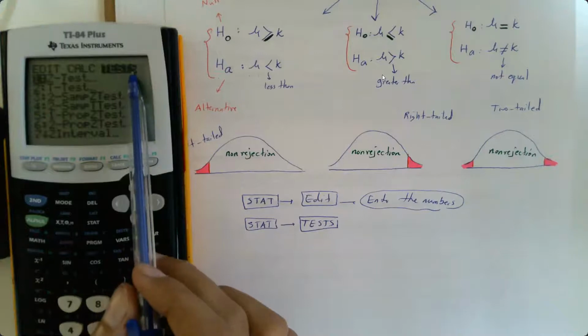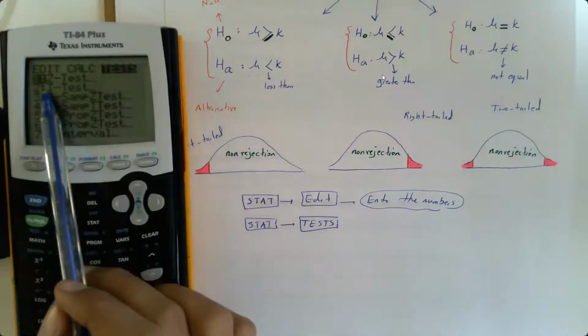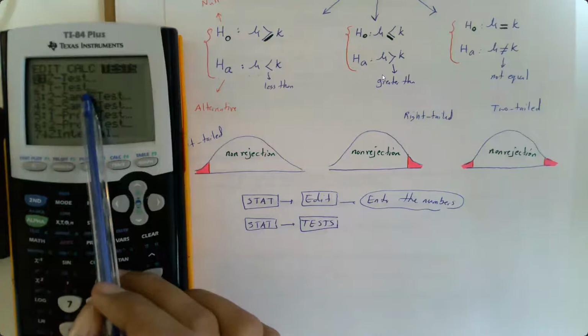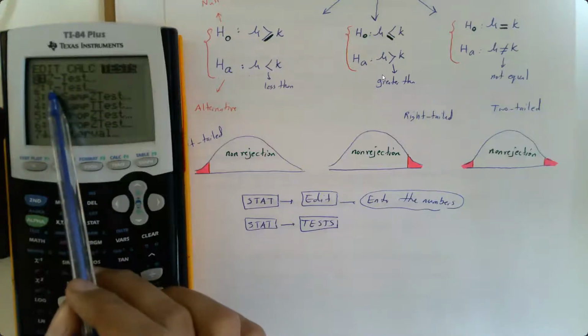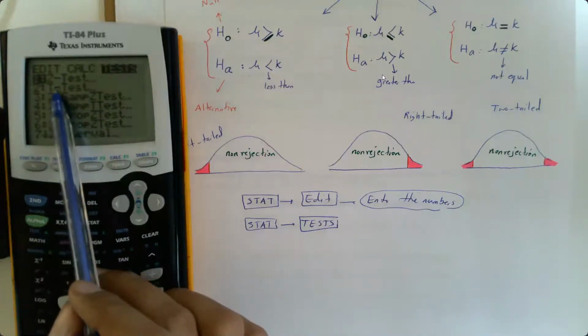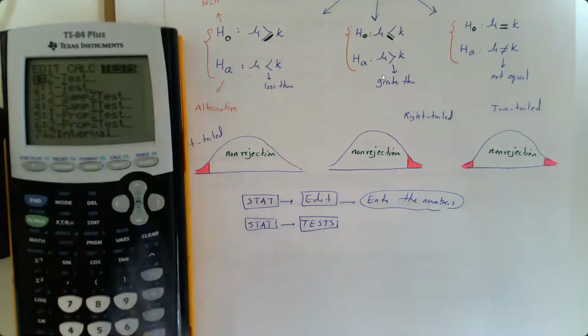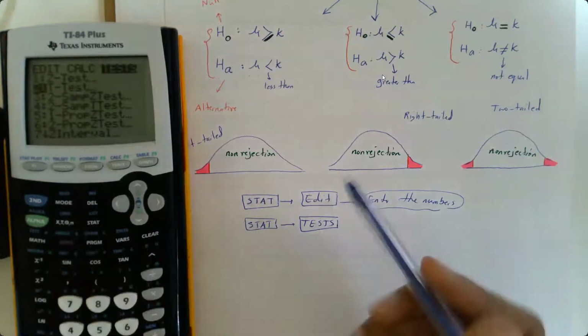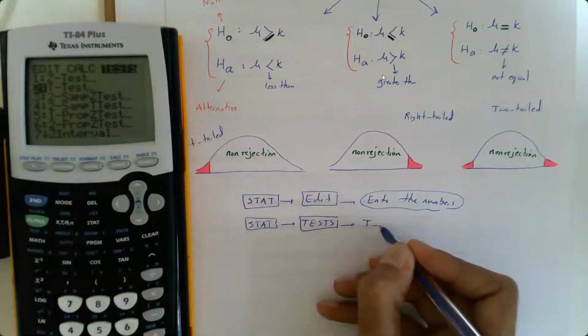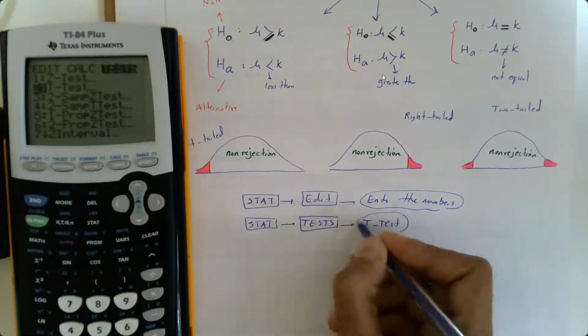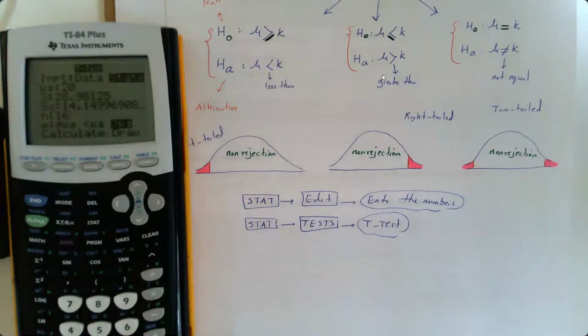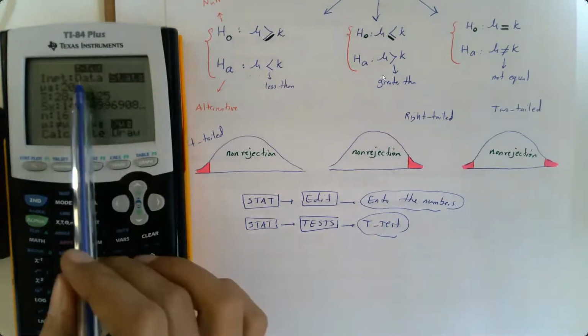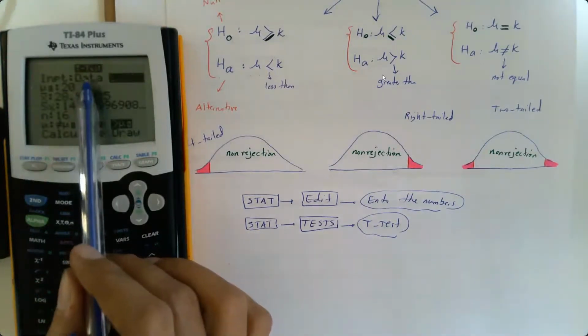Remember that we calculated the T, not Z, because we don't have information about population standard deviation. So you're going to select T-test, then you're going to use the data that you entered there.